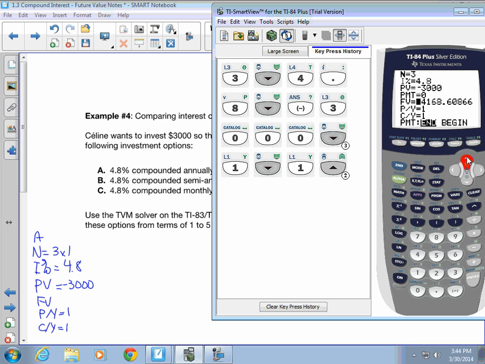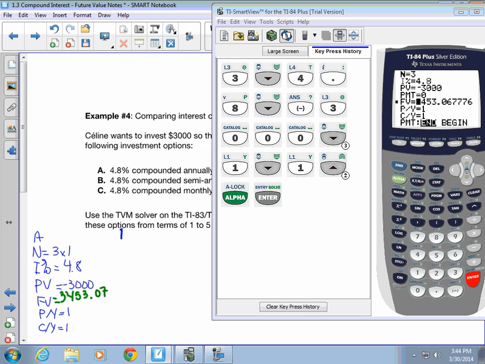Go back up to future value, alpha, enter. So it's $3,453.07.